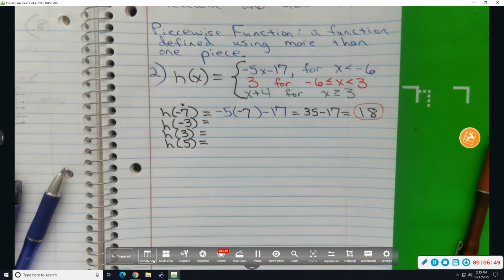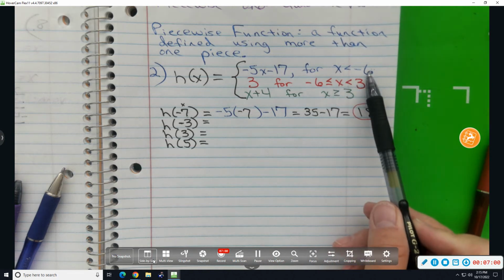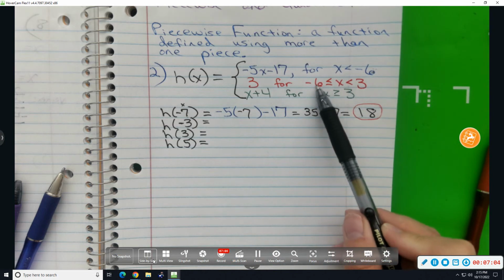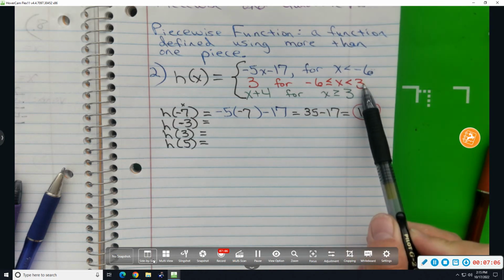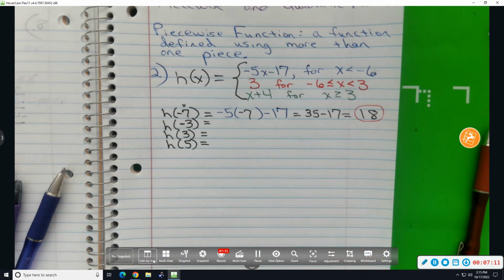Now the next one, they want us to find h of -3. Okay, you have to decide which piece you're going to use. Is -3 smaller than -6? Is -3 between -6 and +3? Or is -3 bigger than +3?